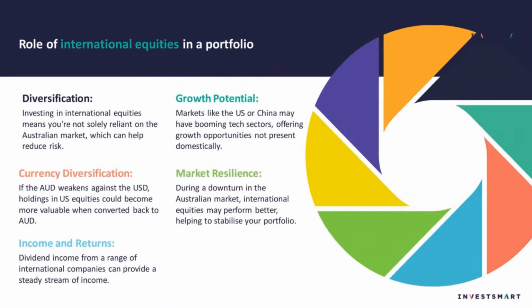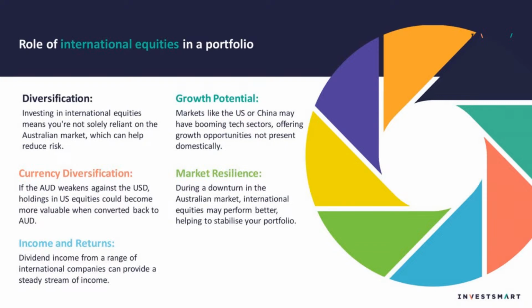I'll just make it a bit bigger. Basically, with diversification, I've got 5 points here, and they might seem fairly self-evident, but when you diversify and look overseas, you're not just putting your eggs in one basket, which is a term everyone loves talking about in finance.